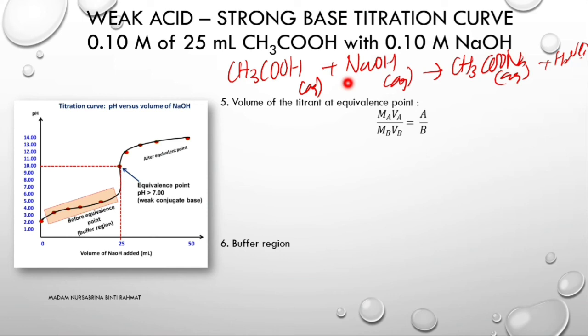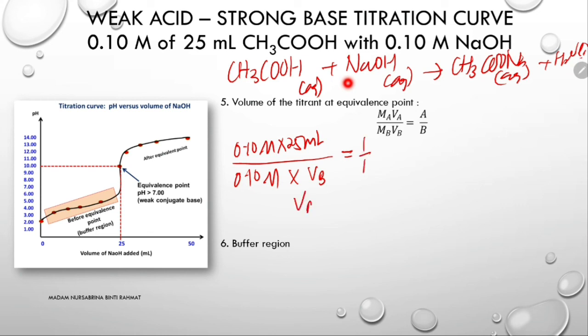The molarity of my acid is 0.10 molar times 25 milliliters, over 0.10 molar of my NaOH times the volume of the base to be found. A and B are the stoichiometric coefficients, so 1 over 1. Cross multiplying, you will get VB to be 25 milliliters. So the volume of NaOH needed for the equivalence point is 25 milliliters.